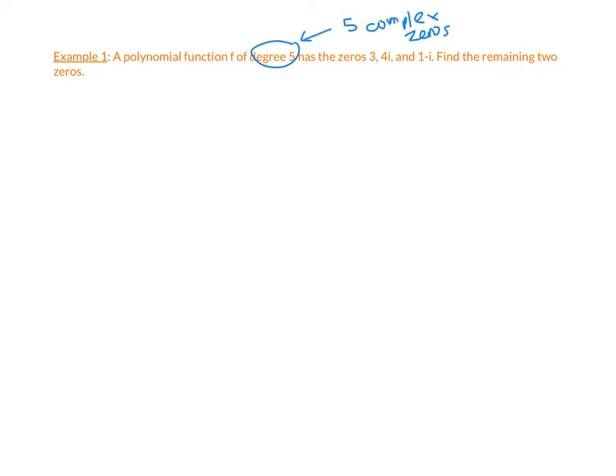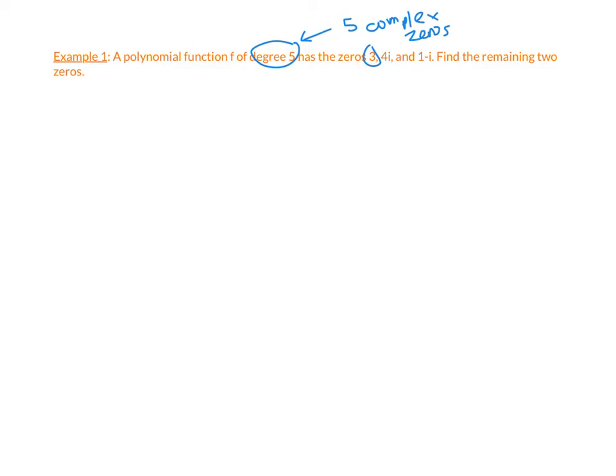In the past, whenever we've had zeros, they have also been x-intercepts, and so you could have looked at your graph and determined the number of zeros that you had. In this case, however, when we have complex zeros, they're not always going to cross the x-axis. The only one that will is this 3, because that's the only real zero.